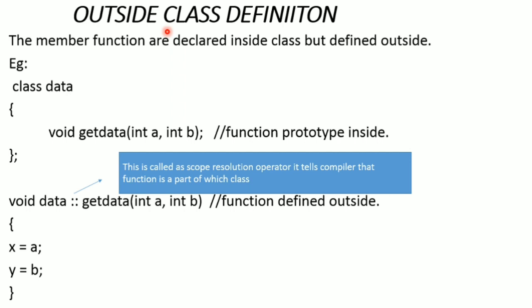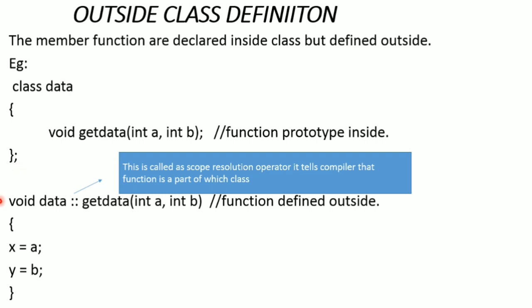Okay, how to define a function outside a class? A member function can be defined outside the class, but it should be declared inside the class. So here is an example. We have taken a class data. We have declared a prototype of a function void getdata with parameters int a and b, and the class closes here. But now we have defined it outside.